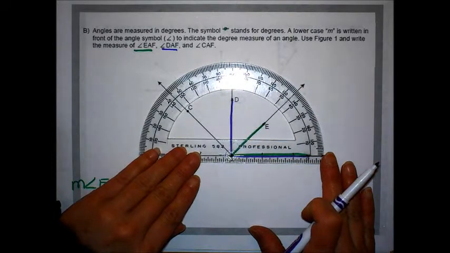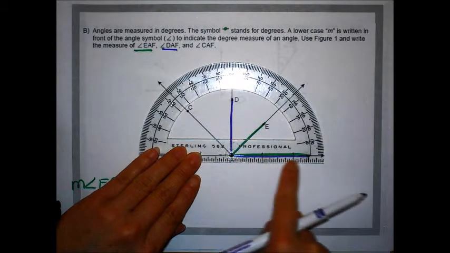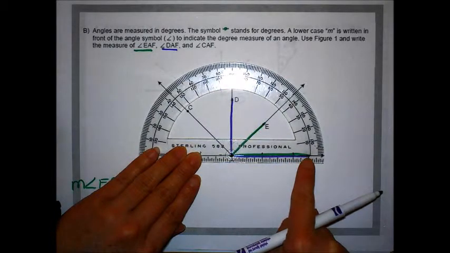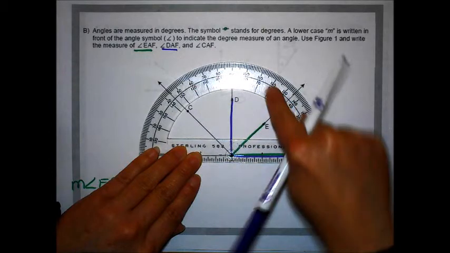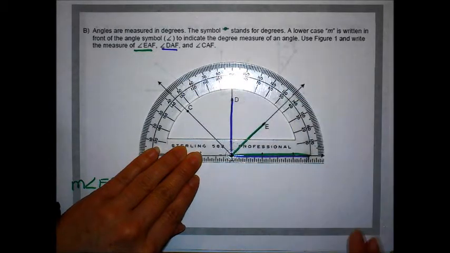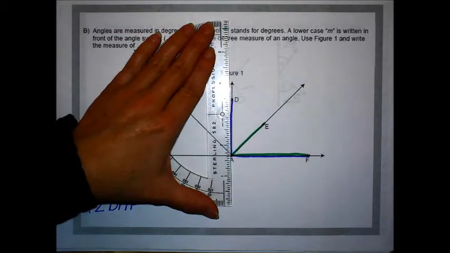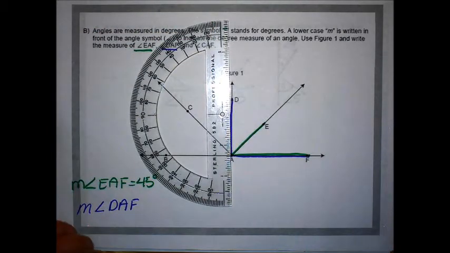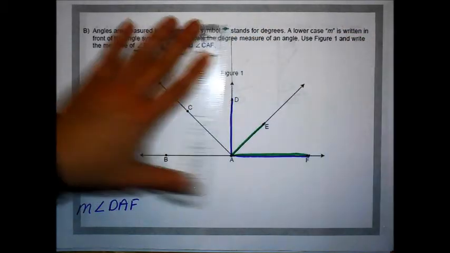Make sure everything's lined up correctly. My bottom arrow is pointing to the right, so I'm going to start at 0, which is the inside numbers. And I'm going to go around to where it crosses, and notice it doesn't go up enough, so I'm going to have to extend my ray, and I'm going to use a sharp pencil to extend so I get an accurate measurement.